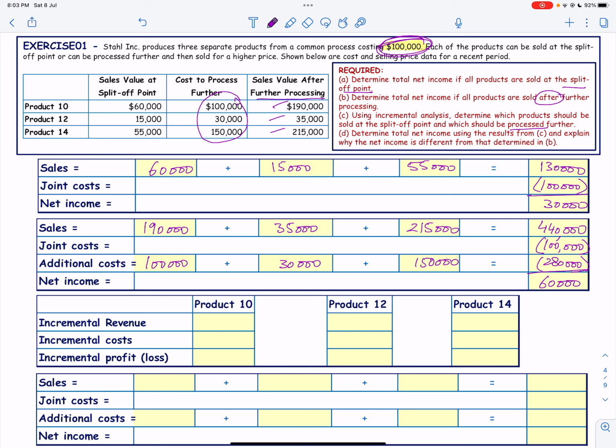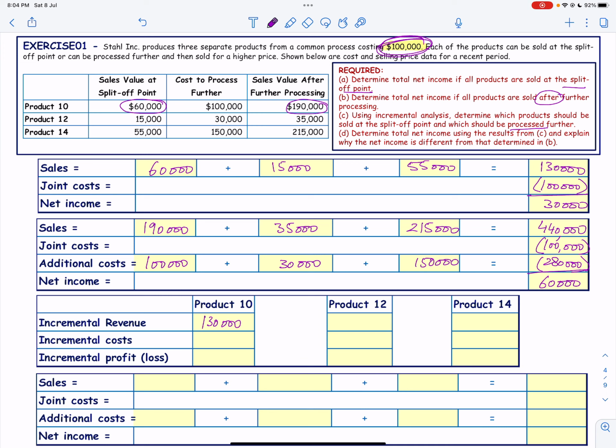So for this we are going to use the incremental revenue and incremental cost, and the incremental revenue for product number 10 will be the sales value after further processing minus sales value at the split off point, and this will be 190 minus 60, that is 130,000.